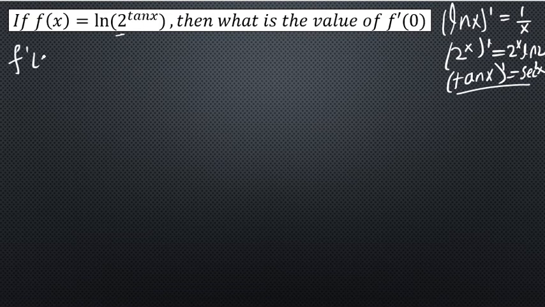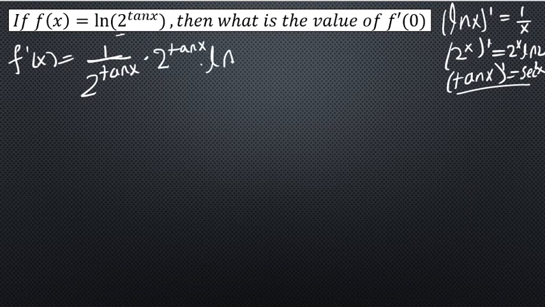So f derivative of x will be, first, the ln derivative, which is 1 over 2 to the power of tan x, as it is 1 over everything it contains, then times the derivative of 2 to the power of tan x, which is 2 to the power of tan x times ln 2. Here we applied the rule for ln x only.